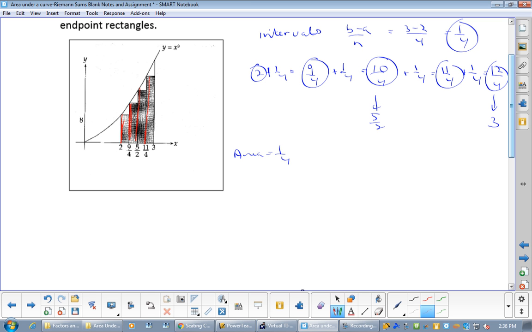So 1/4 times 2 cubed, plus 1/4 times 9/4 cubed, plus 1/4 times 5/2 cubed, plus 1/4 times 11/4 cubed. This would equal 893/64, which is approximately 13.953.